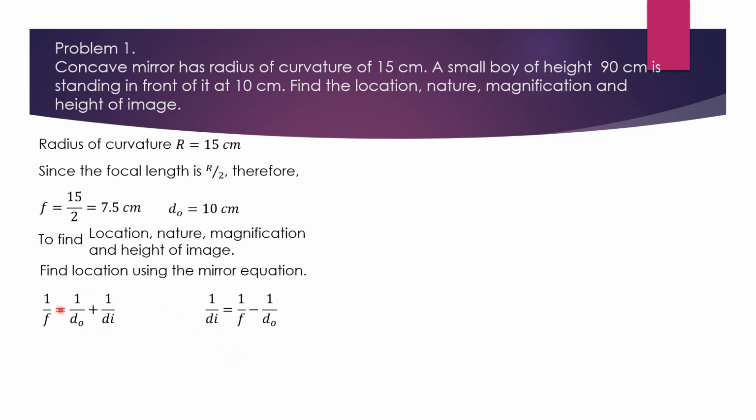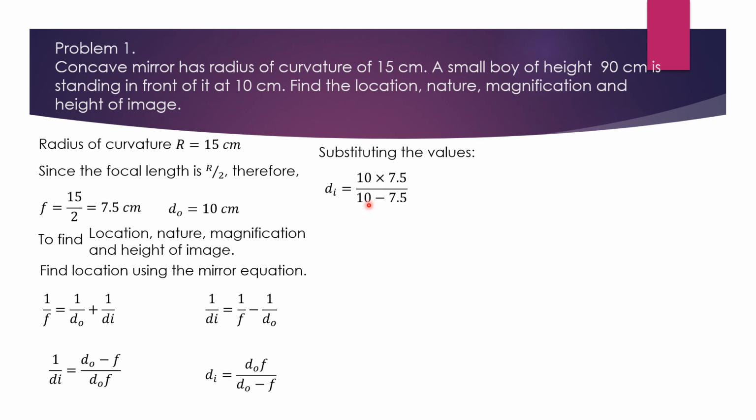So here, since I need to find the distance of the image, I separate this from the distance of the object, moving 1 over d naught to the other side and swapping these sides. Taking the LCM d naught f and d naught minus f. Since it is 1 over d i, I take the reciprocal and d i is equal to d naught f over d naught minus f.